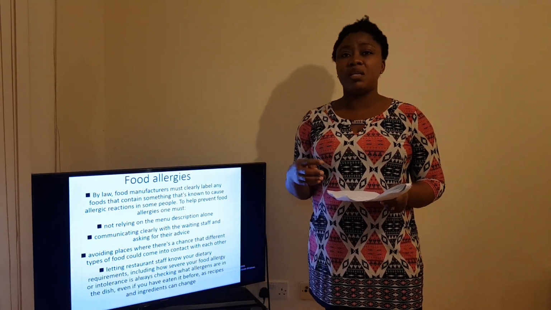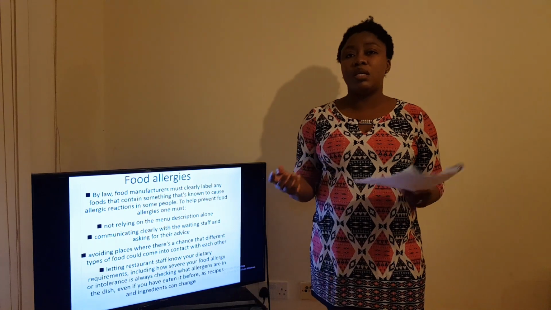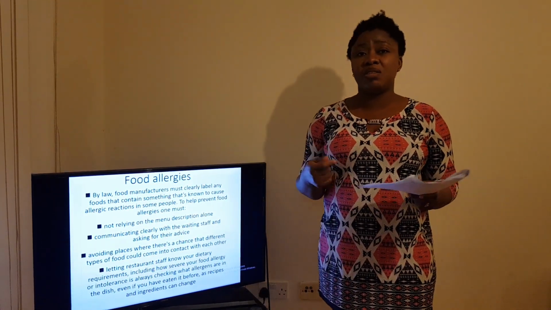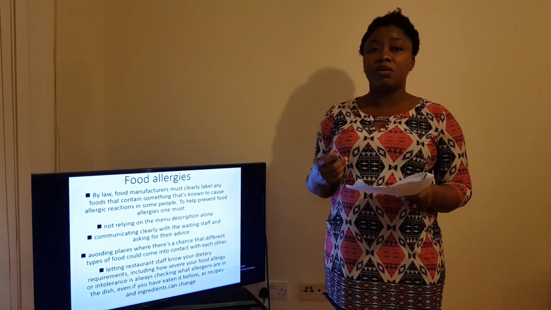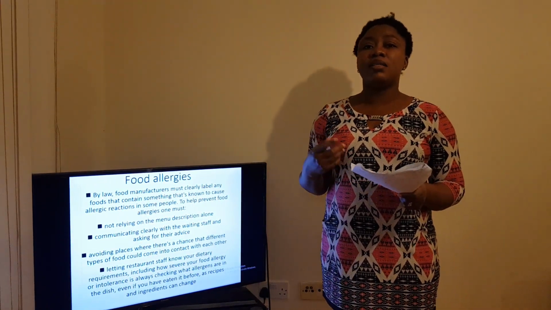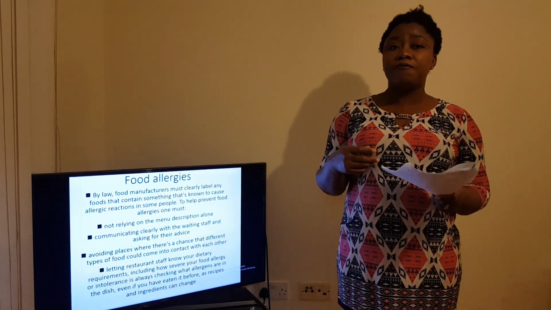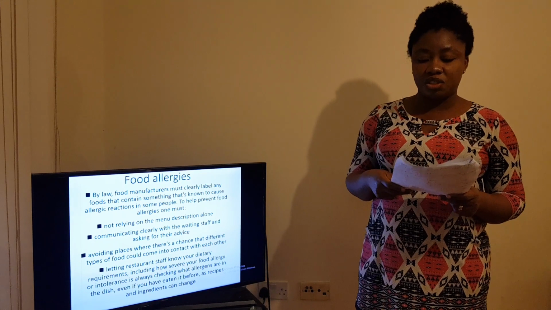Avoid places where there is a chance that different types of food could come into contact with each other. Let restaurant staff know your dietary requirements, including how severe your food allergy or intolerance is. Always check that allergens are not in the dish, even if you have eaten it before, as recipes and ingredients can change.